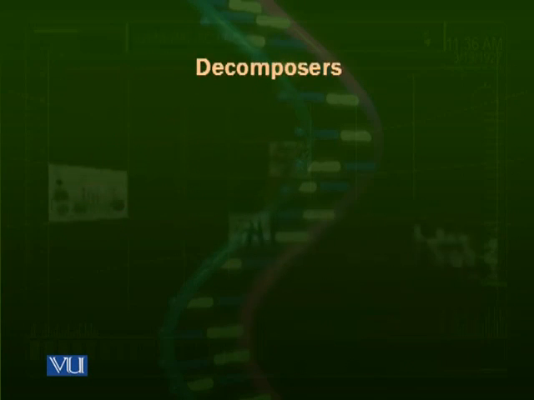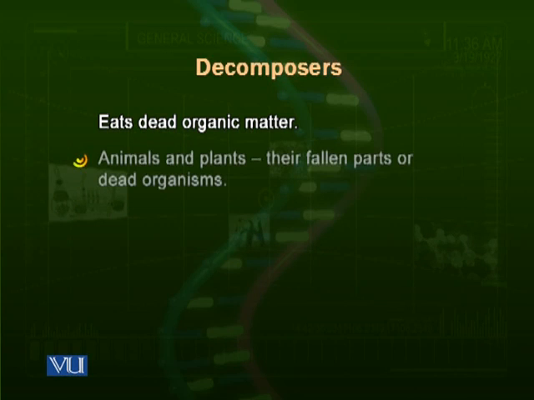Then the decomposers. Decomposers eat dead organic matter, animals and plants, their fallen parts, the dead organisms. We know that various plants shed their leaves and their branches in the fall. These leaves and branches go towards the soil and then they are merged into the soil.